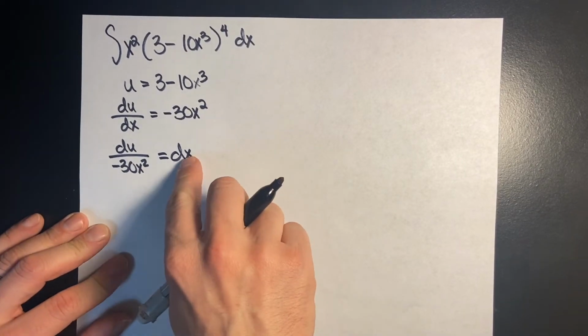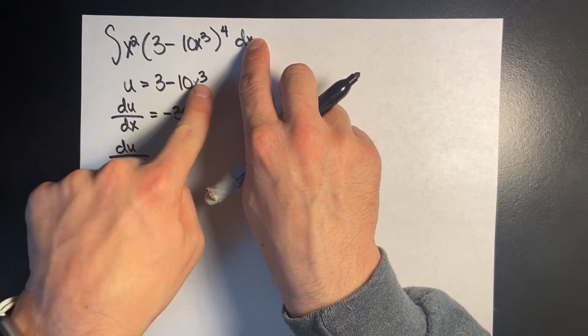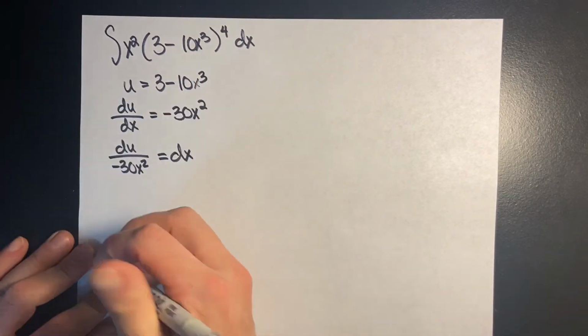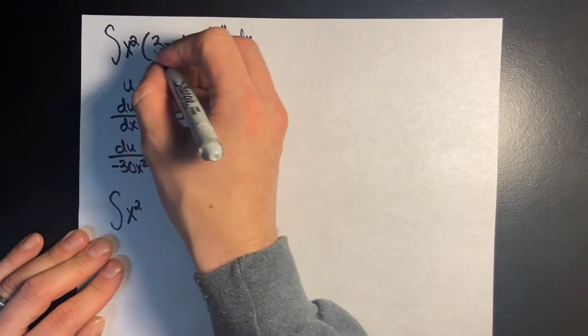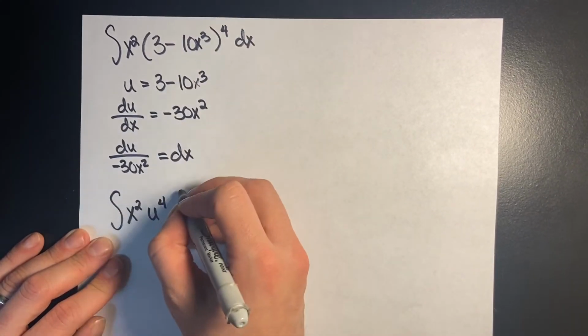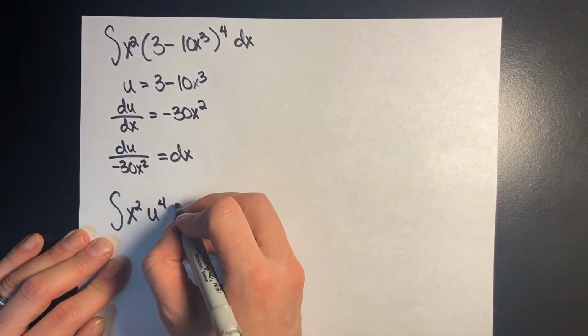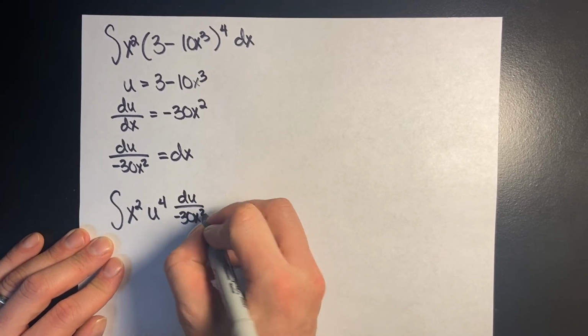Now what I do is I take that guy and I plug that in, and I change whatever I let my u equal into u. So now what I have is the integral of x squared u to the 4th times dx, which is now du over negative 30x squared.